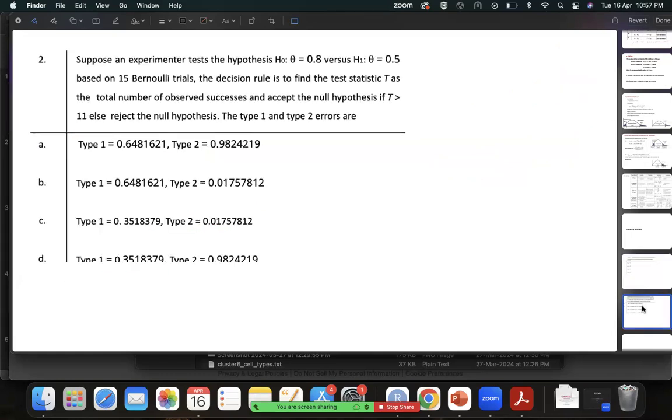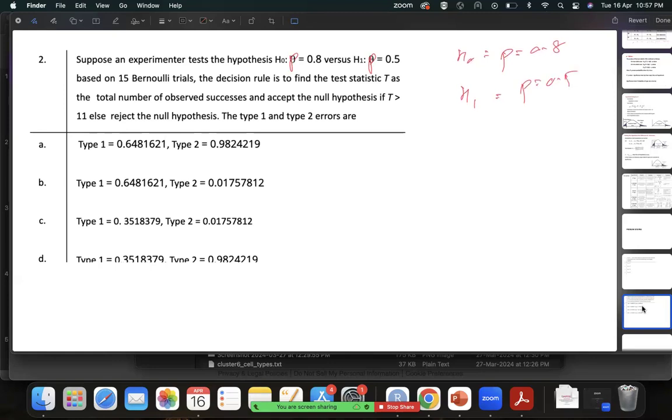And the next question. Suppose an experimenter tests the hypothesis H naught. In the null hypothesis, the probability is 0.8, and in your alternate hypothesis, the probability is 0.5.